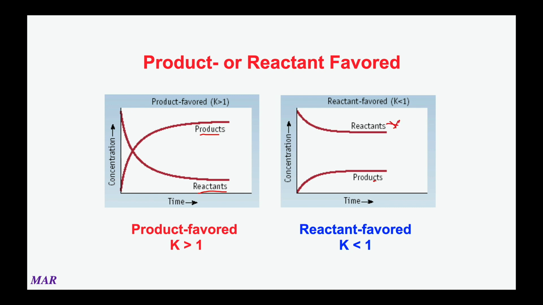So you can see in this graph now, reactants started high, and they did go down, but they didn't go down nearly as much as the product side did with the product favored K. Notice that in both reactant and product favored, you do have reactants and products. Nothing is 0 in these, but it's the relative amounts that make the big difference. So the left-hand side, product favored, K greater than 1; the right side, reactant favored, more reactants than products form, K is less than 1.